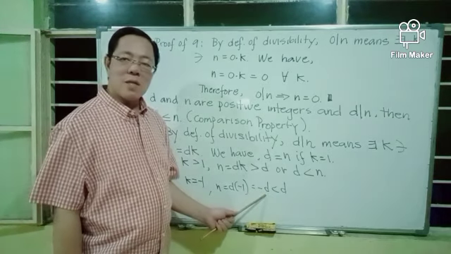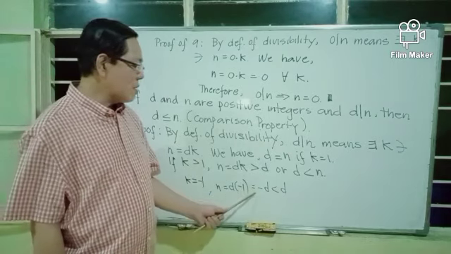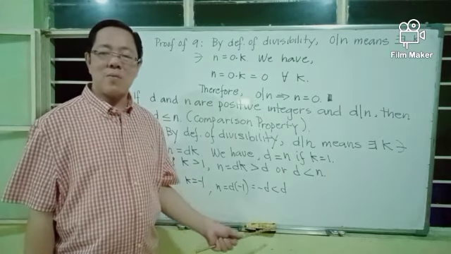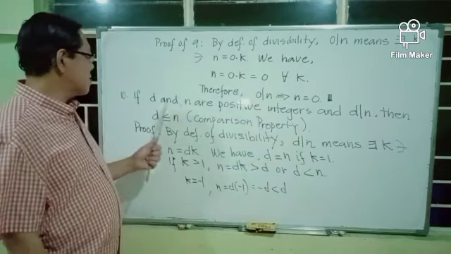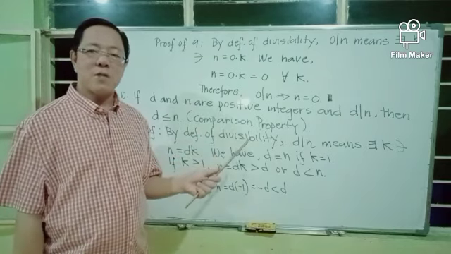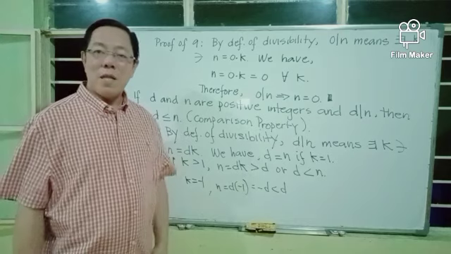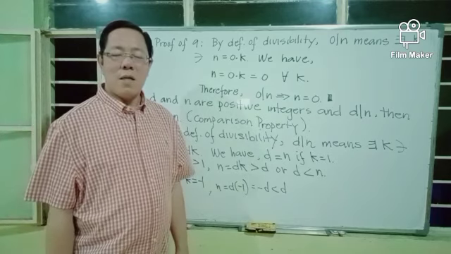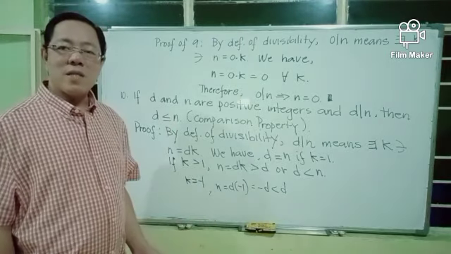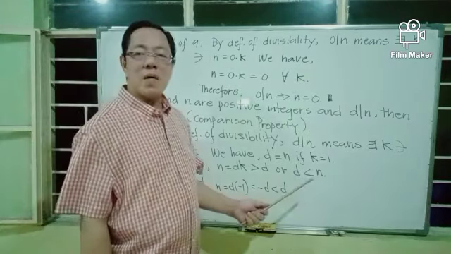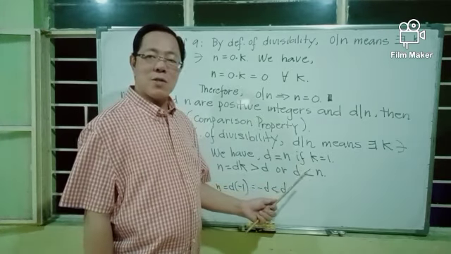So negative d is an integer, but negative d is equal to n, and negative d is a negative integer. But that will contradict the given that n is a positive integer. So it's not possible to have values of k that are less than the positive integer 1. But it suffices to know that there exist integers k.